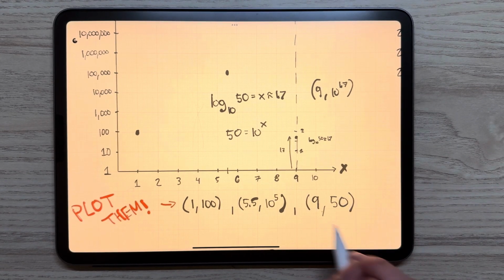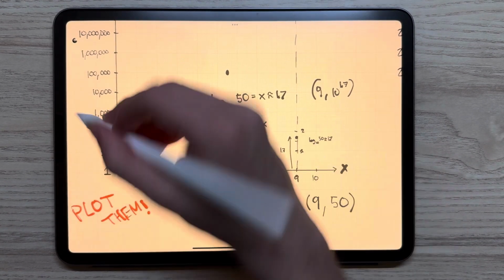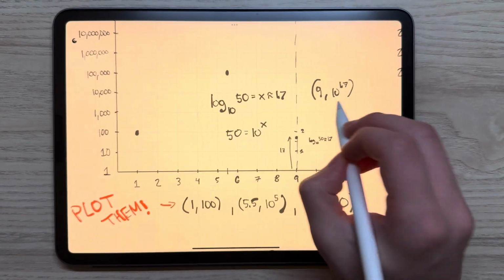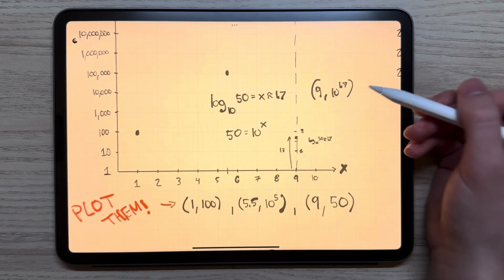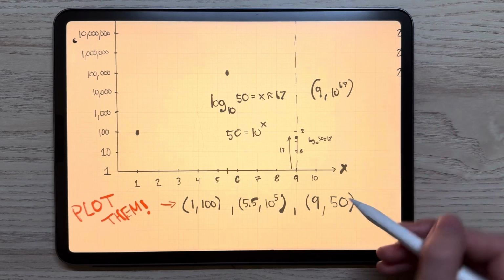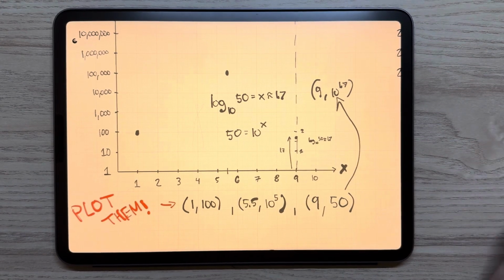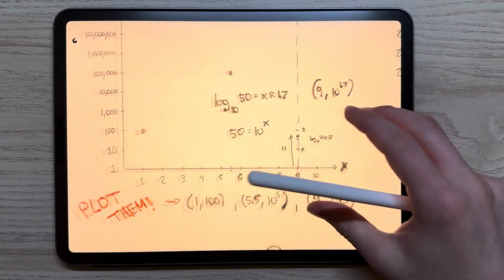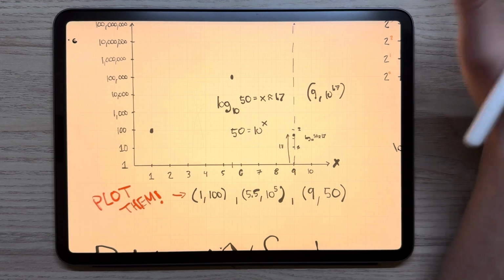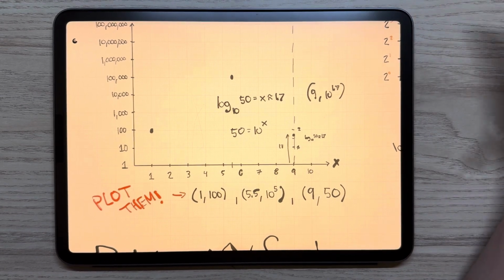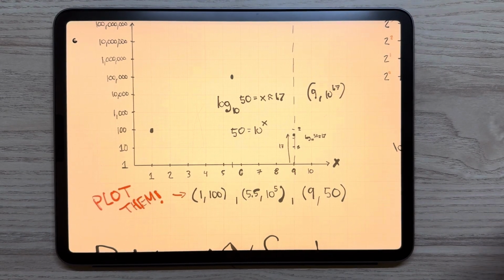But if it's not in the base of the scale, because this is base 10 and this is base 10, but if it's not in base 10, you would have to convert it to base 10 or whatever base the scale is. All right, so hopefully you got those right when you tried those out, and if not, hopefully you can watch this video again or other videos online to explain it.